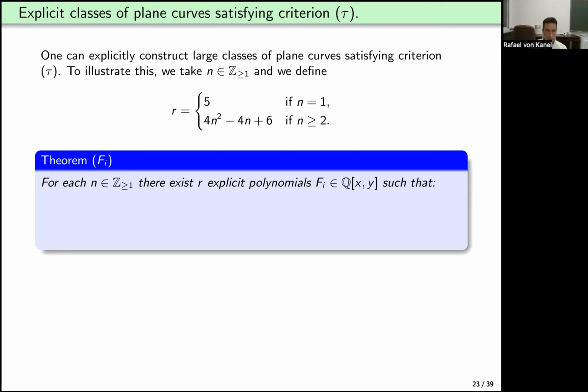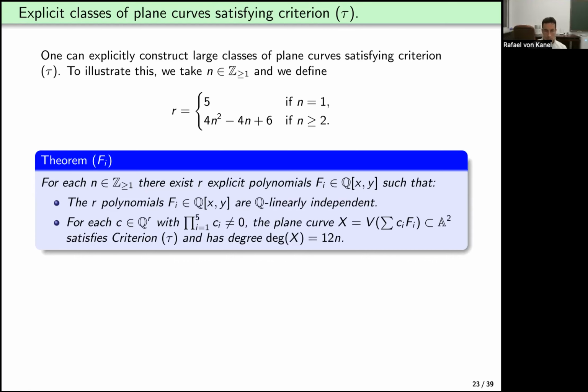For each n, there exist r explicit polynomials f_i in Q[x,y], such that these r polynomials are Q-linearly independent, and for each coefficient vector c in Q^r such that the first 5 coordinates are non-zero, the plane curve defined by the sum of c_i times f_i, inside A^2, satisfies this criterion tau, which we described earlier, and the degree of this curve is 12n.